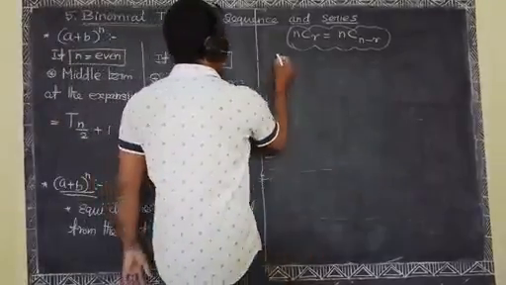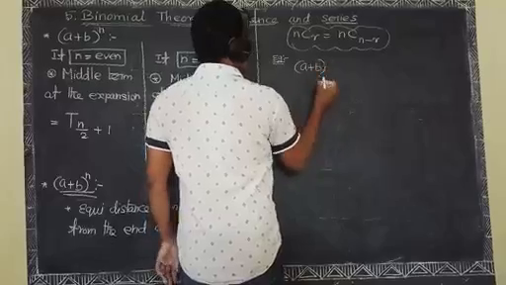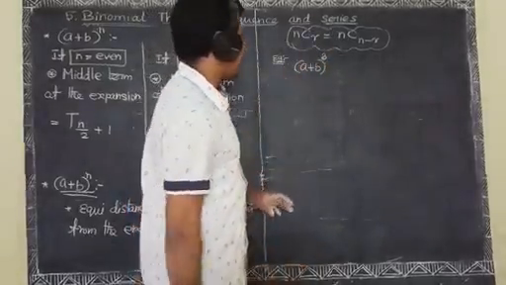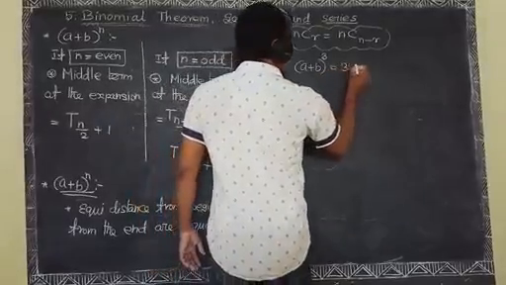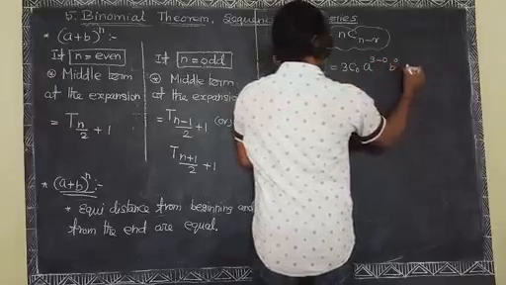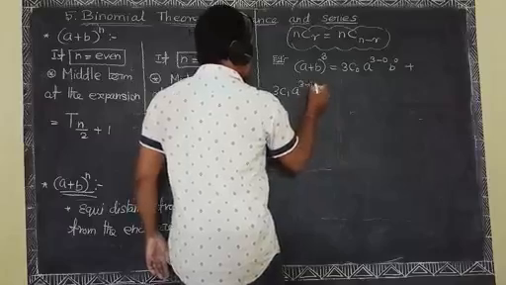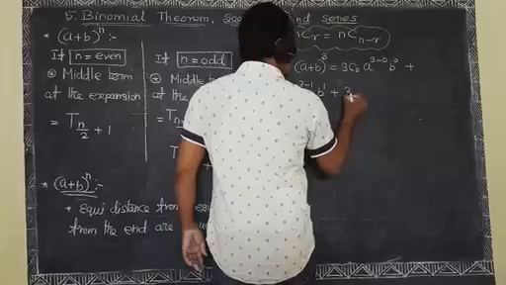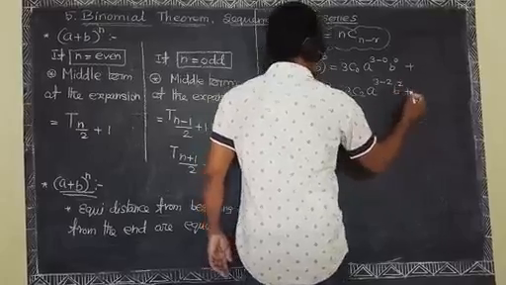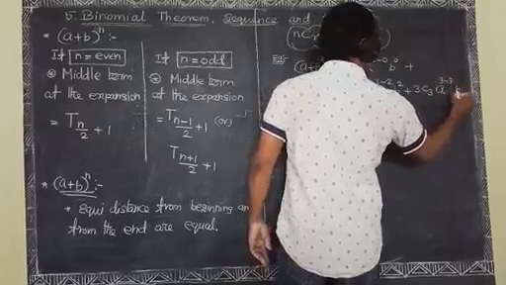For example, (a plus b) whole power 3. Okay, here 3C0 a power 3 minus 0 b power 0, plus 3C1 a power 3 minus 1 b power 1, plus 3C2 a power 3 minus 2 b power 2, plus 3C3 a power 3 minus 3 b power 3.